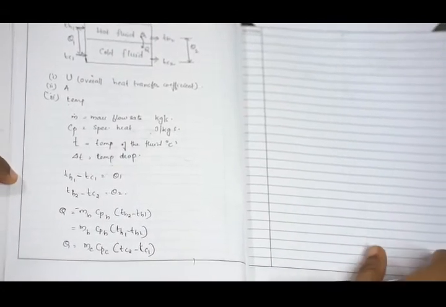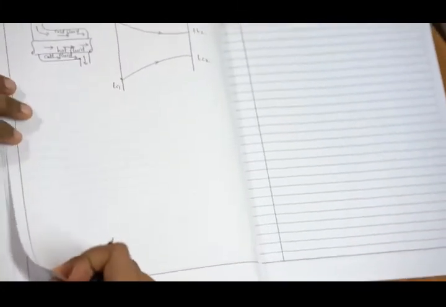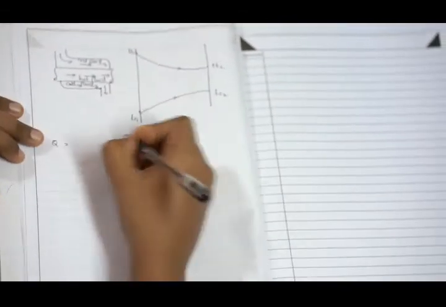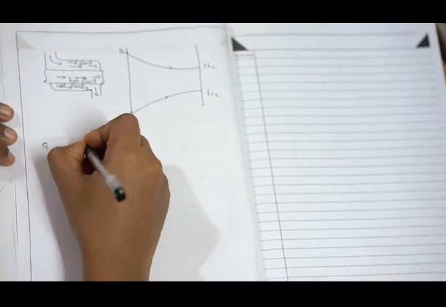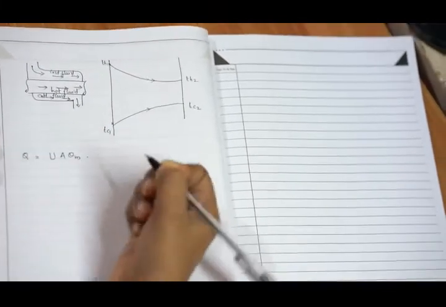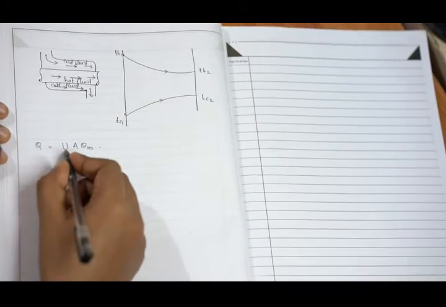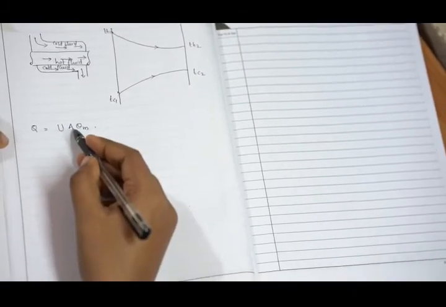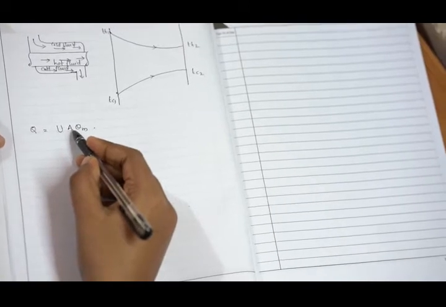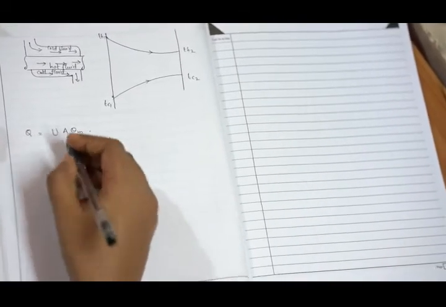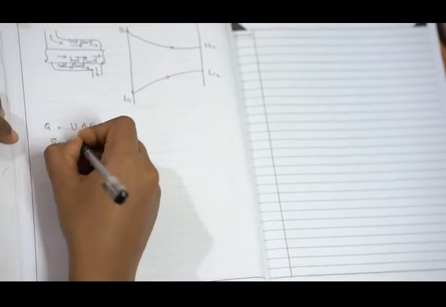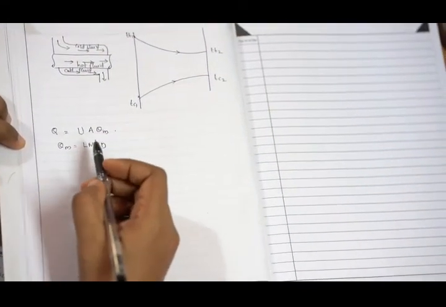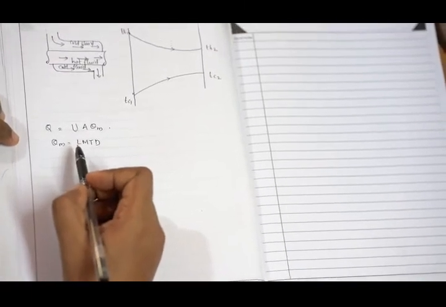So the equation becomes Q is equal to dQ is equal to U A theta m, where U is the overall heat transfer coefficient between the two fluids, A is the effective heat transfer area, and theta m is known as LMTD, or the appropriate mean value of the temperature difference.